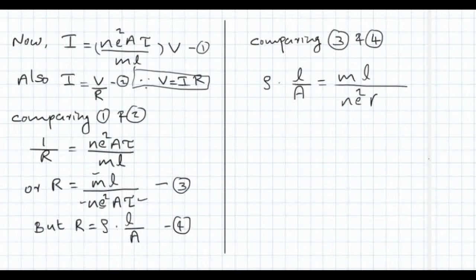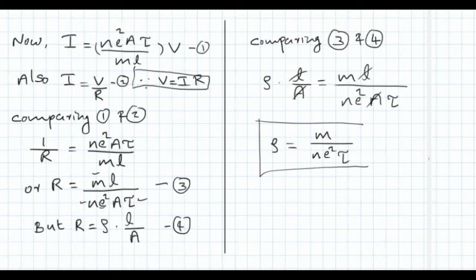There are some common factors on both sides, that is L and A. So both L's and both A's will be cancelled, and what is remaining is rho. So rho is equal to m by n e square tau, which is the equation for the resistivity.